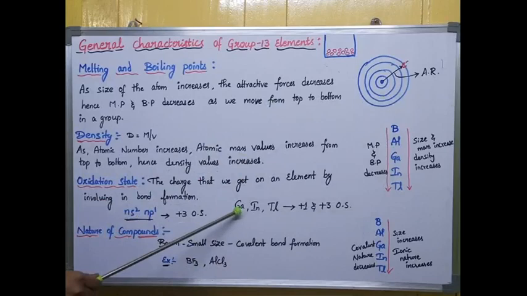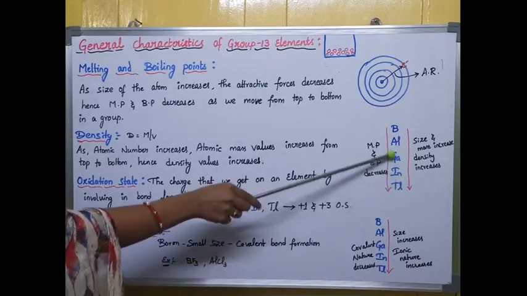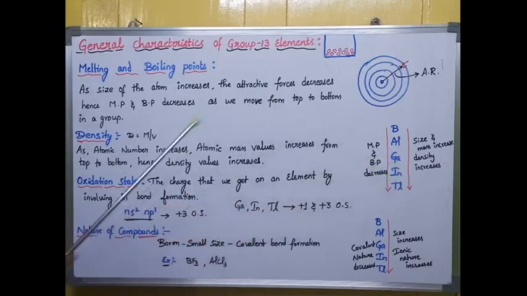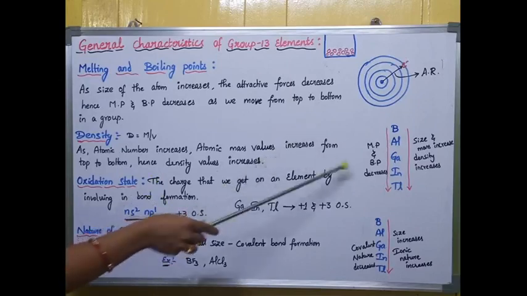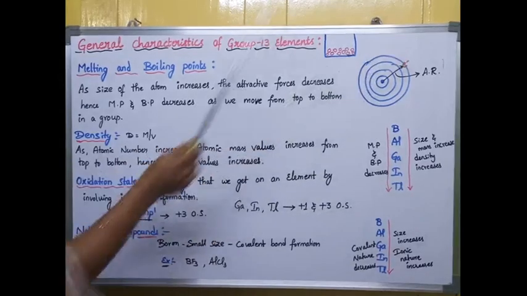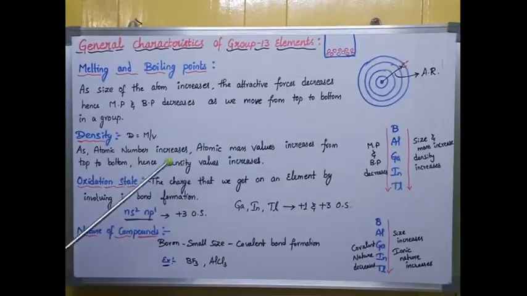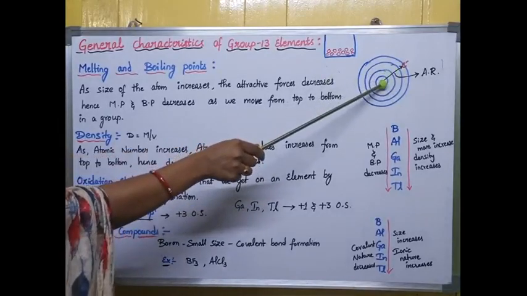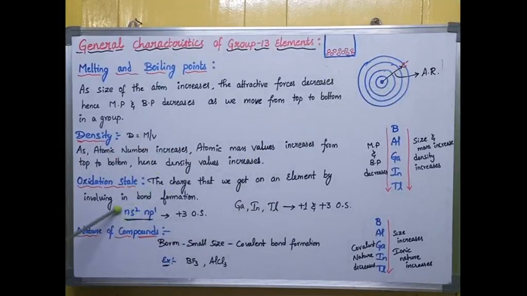Along with that, gallium, indium and thallium also exhibit the +1 oxidation state, because from here onwards you get d and f electrons. The d orbitals and f orbitals have a poor screening effect. They cannot screen the valence electrons effectively. So what happens is that the ns2 electrons are attracted more towards the nucleus. That means they won't be involved in bond formation.